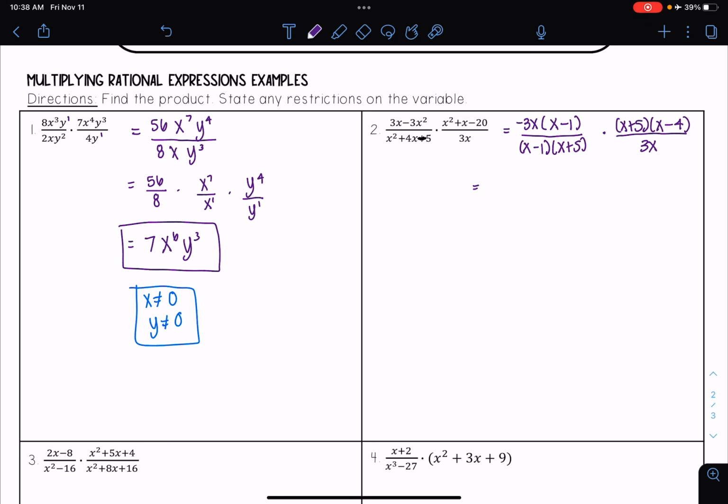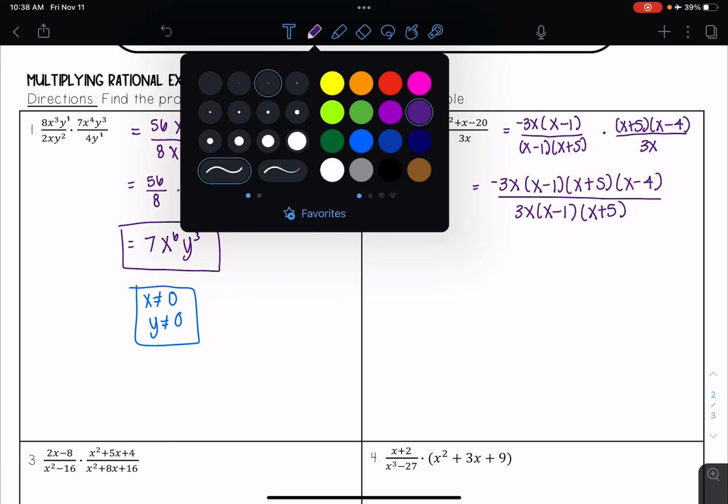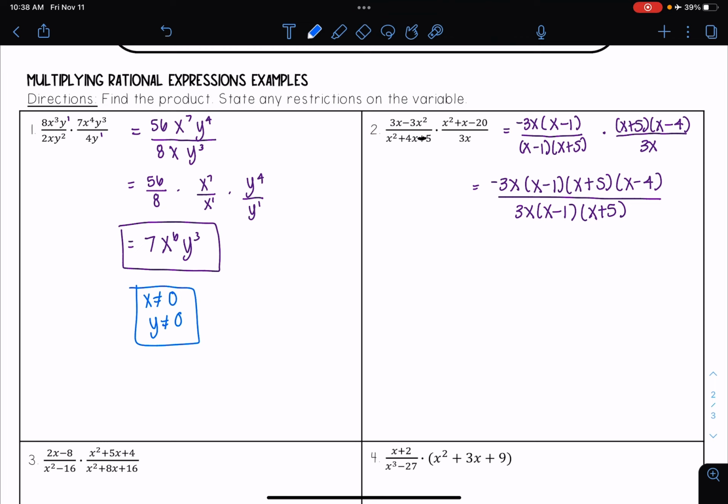Now I'm going to go ahead and multiply across. I basically just have negative 3x times x minus 1 times x plus 5 times x minus 4 over 3x times x minus 1 times x plus 5. Now I'm looking for common factors on top and bottom.